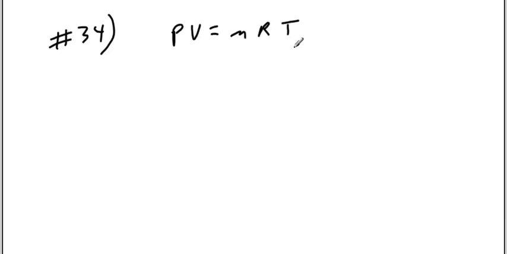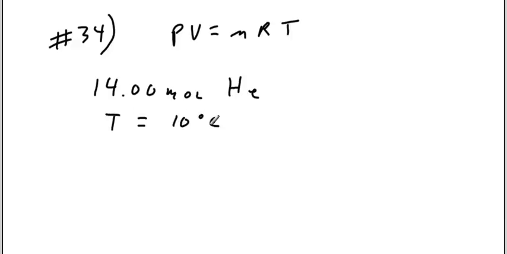Assume that I have 14.00 moles of helium. The gas is at a temperature of 10 degrees centigrade, and my pressure is at 0.35 atmospheres, and this is a 0.0 sitting there.